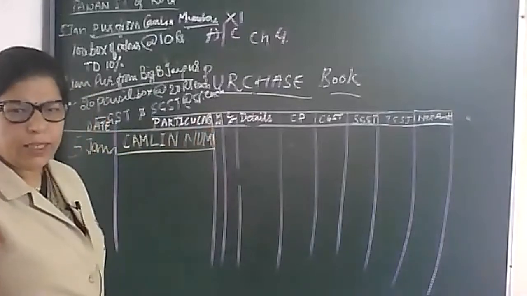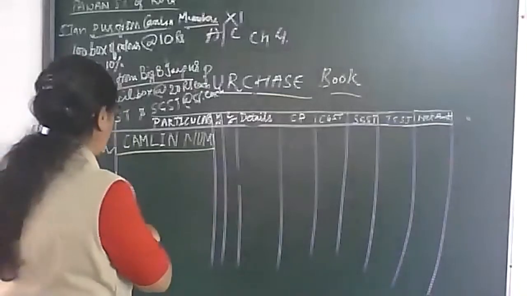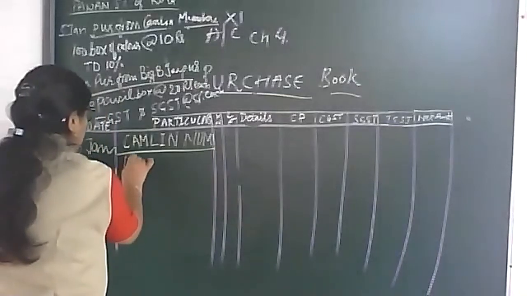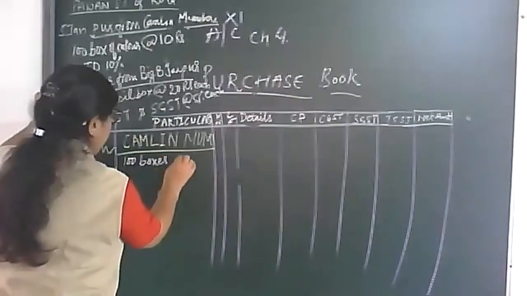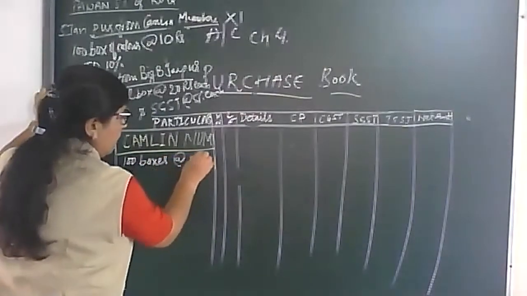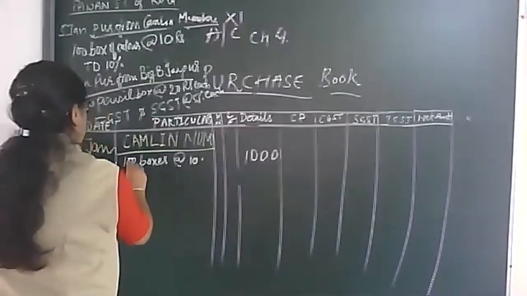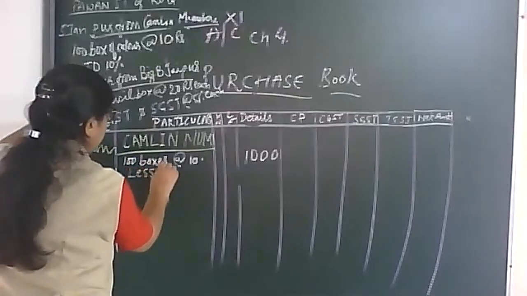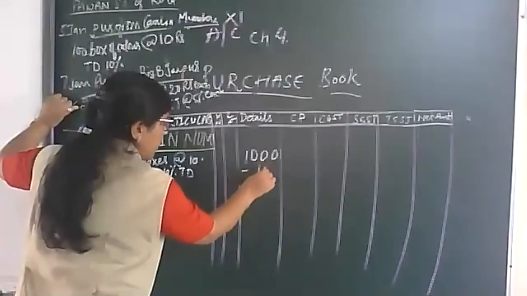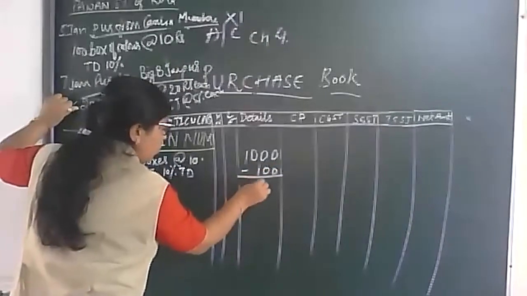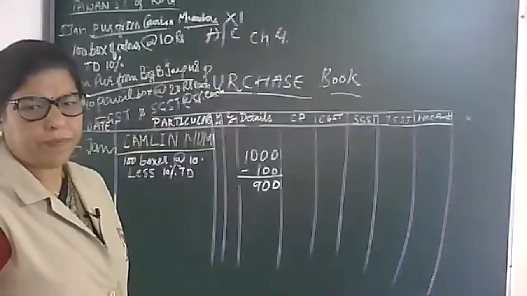Underline it. Now how to write it? Look, 100 boxes at the rate of 10 each means 1000. Less 10% TD means 100 rupees. So now the amount is 900.